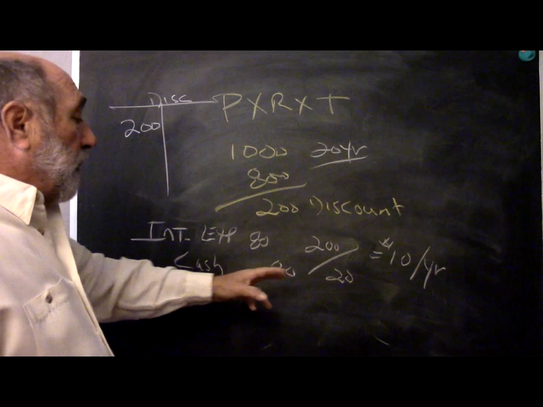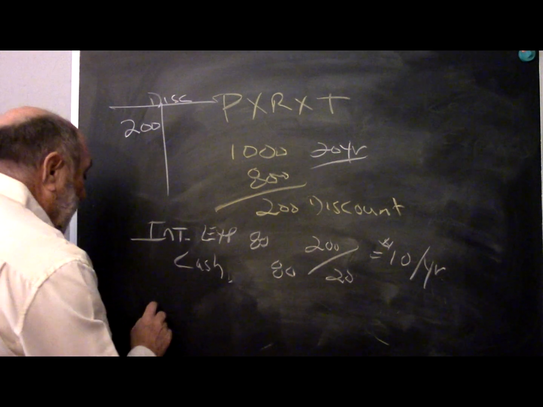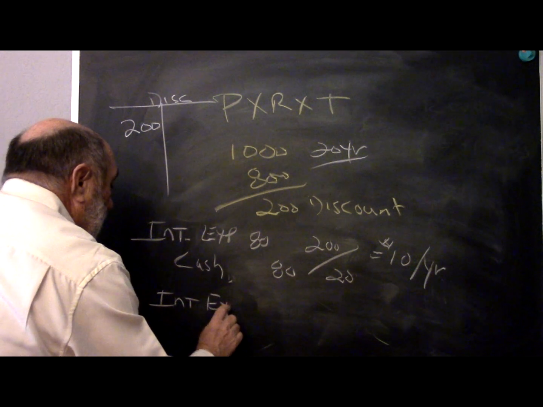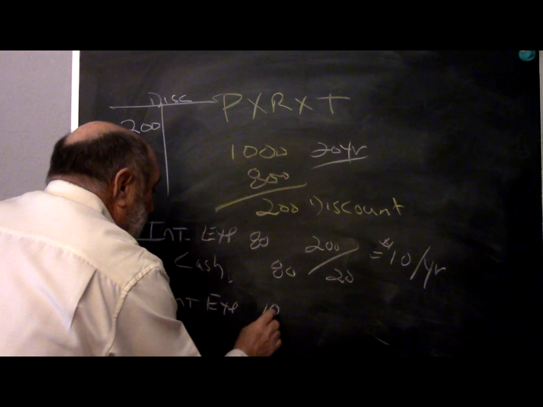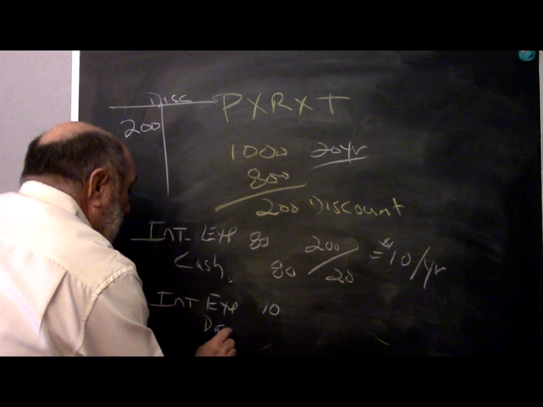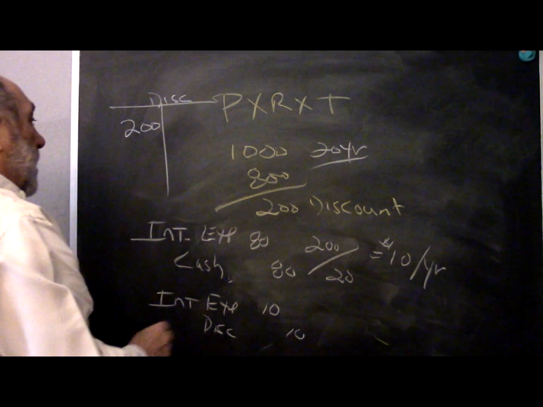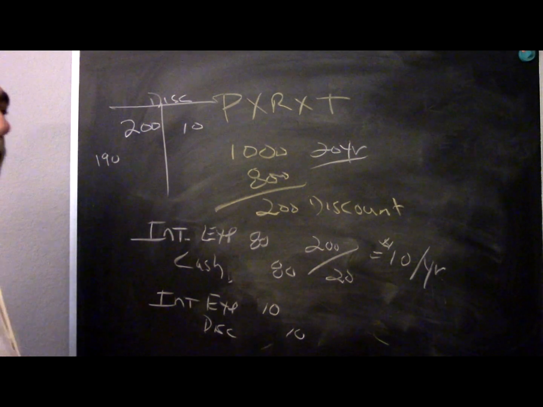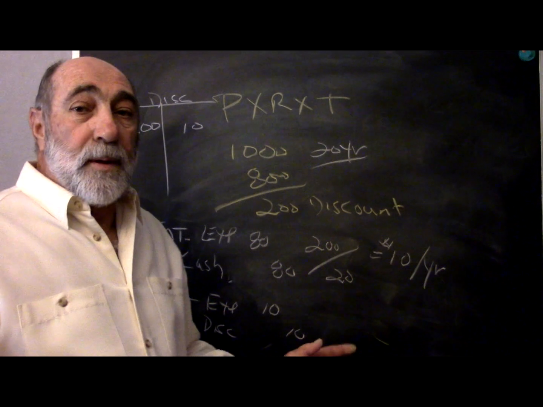So I'm going to debit interest expense 10, credit that discount 10, and once I do that, it leaves me with 190 in my discount.